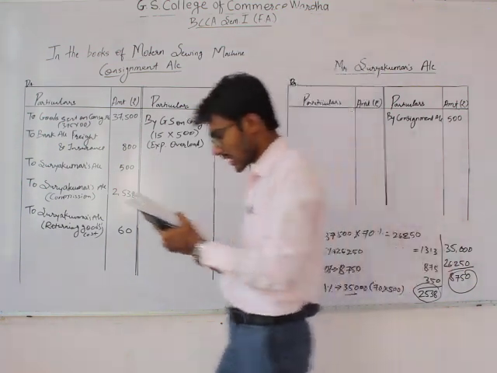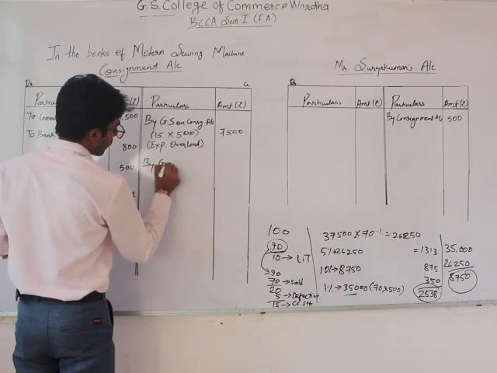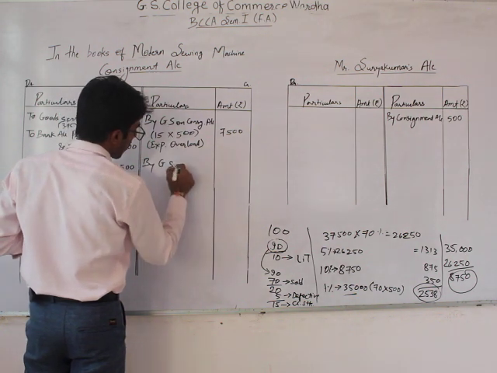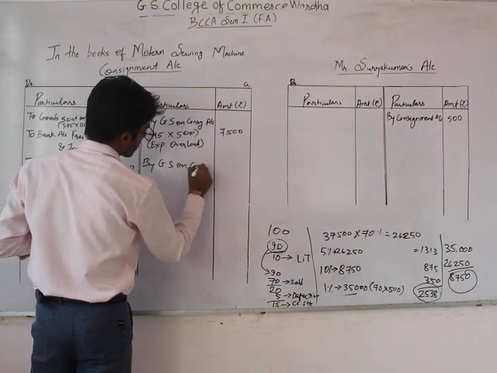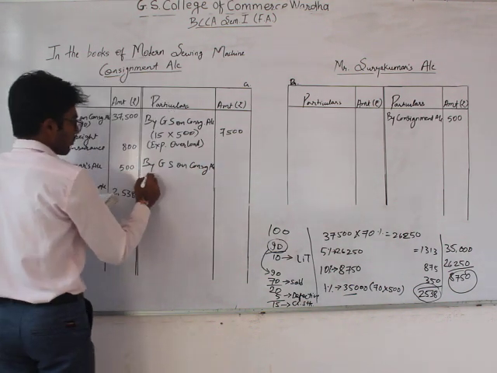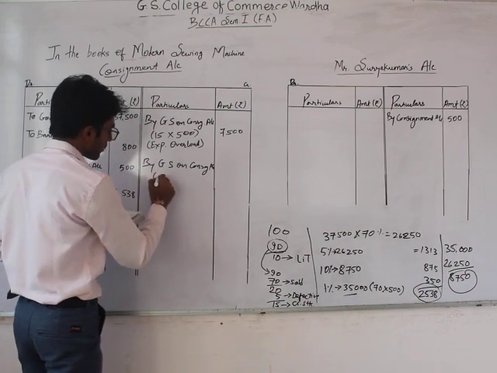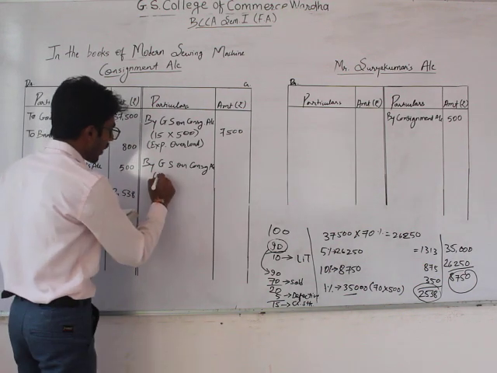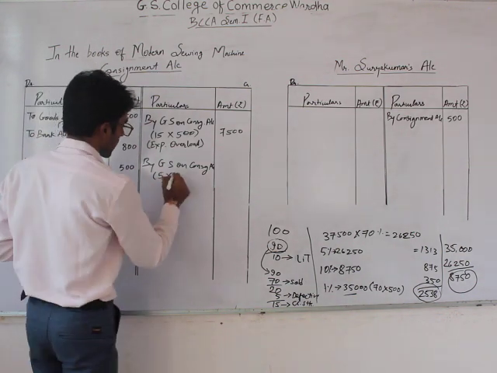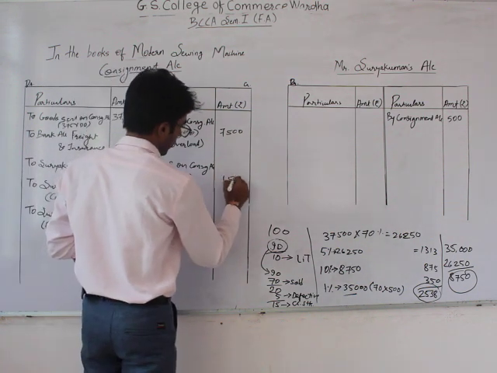So we have to credit that, and write by goods sent on consignment account, at 5 machines into the cost price of rupees 300. So that will be 1,500. Done.